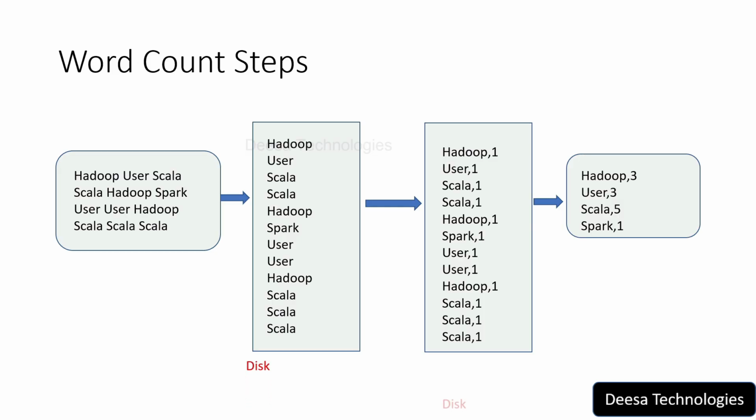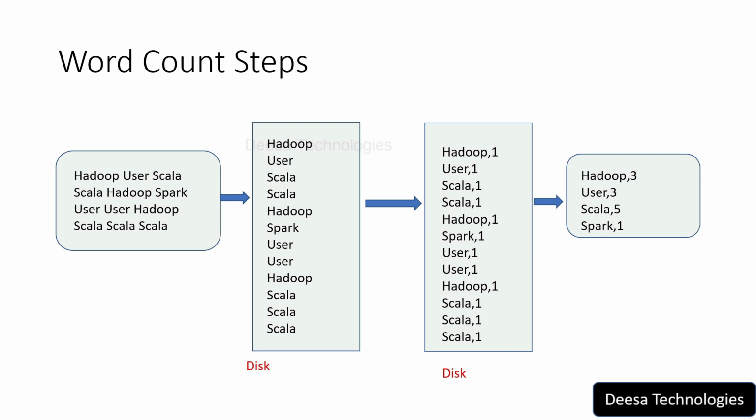This is the main reason MapReduce is slow, because the input output read operations are causing it to be slow. Every time you have to read from the disk, and again write to the disk, so a lot of overhead is there. This is the problem with MapReduce.